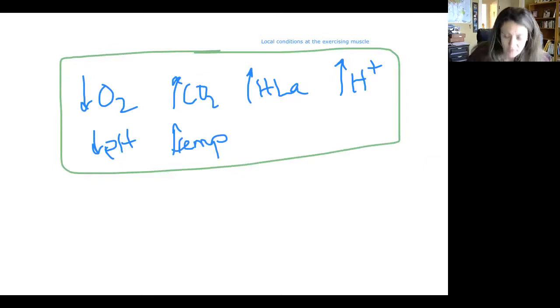Okay, so what sensory receptor senses chemical changes in the blood? Anybody remember? Receptors. What is it? Chemoreceptors. Okay, so chemoreceptors sense chemical changes in the blood, such as these.